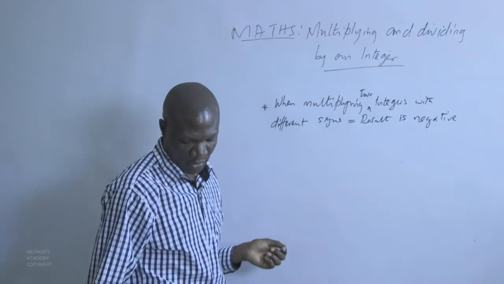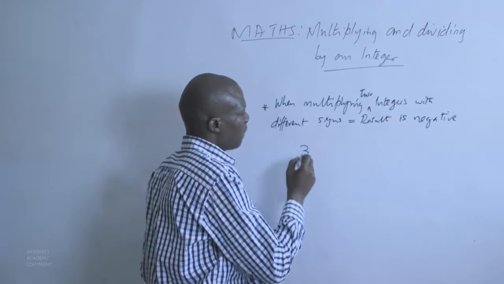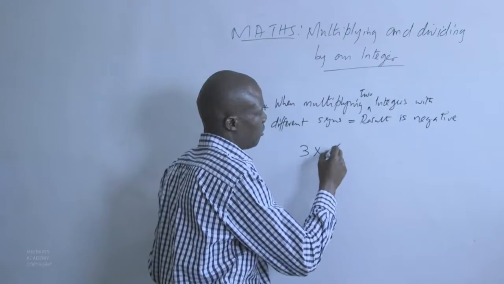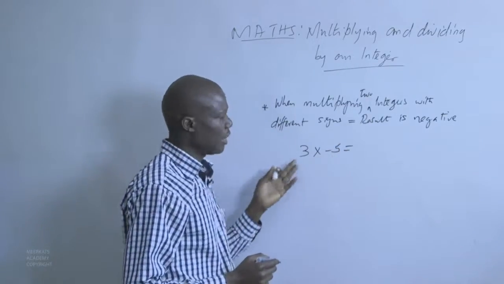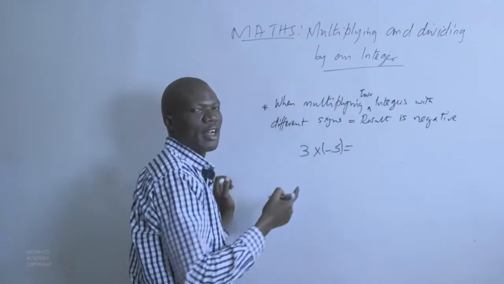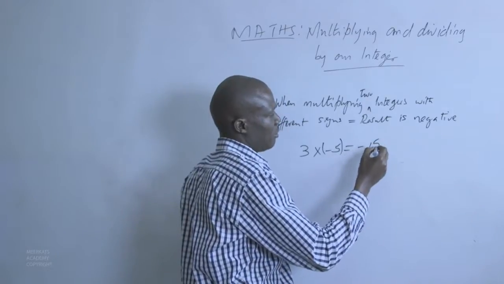For example, 3 times minus 5. 3 times negative 5 will give us, because the signs are not the same, negative 15.